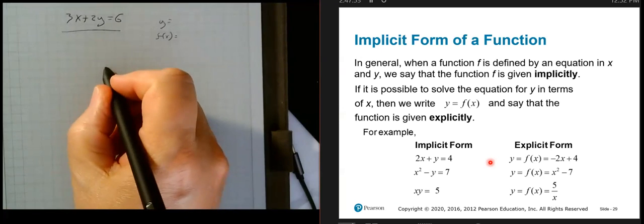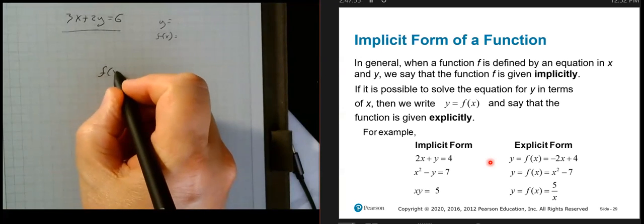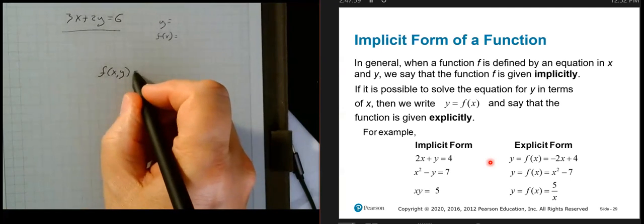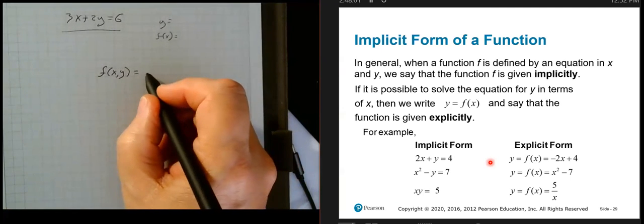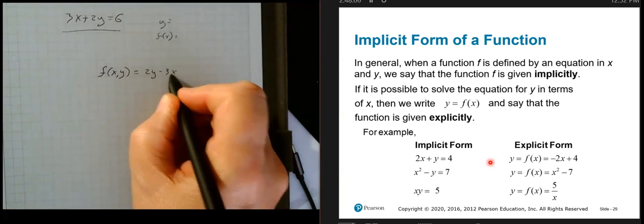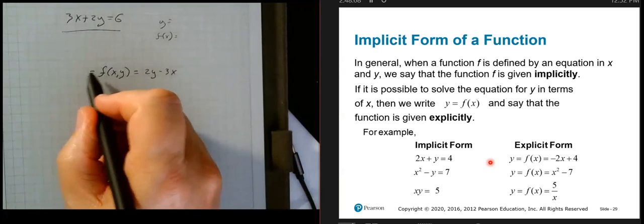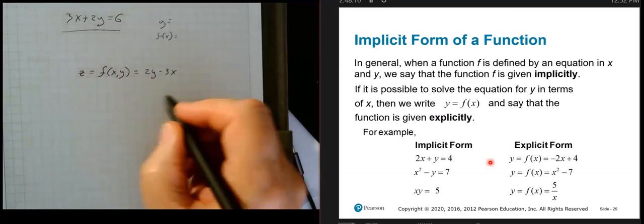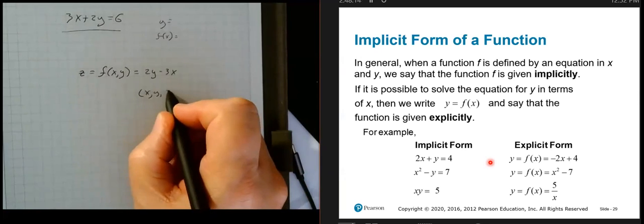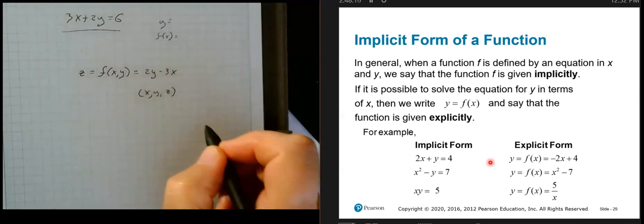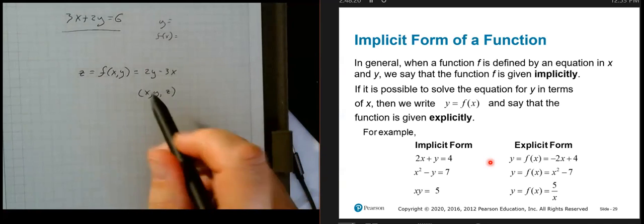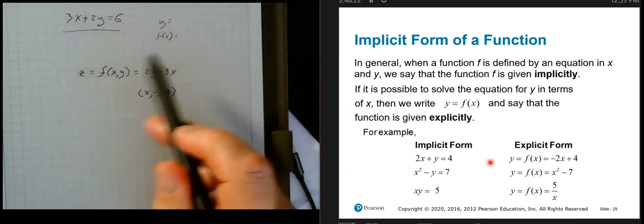Yeah, this is very real notation, x, y. So that means you have something like 2y minus 3x. This is our z value, and we're talking about an ordered triplet. And it's 3-dimensional because you have 3 variables.